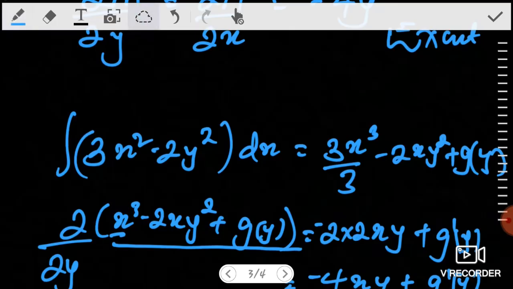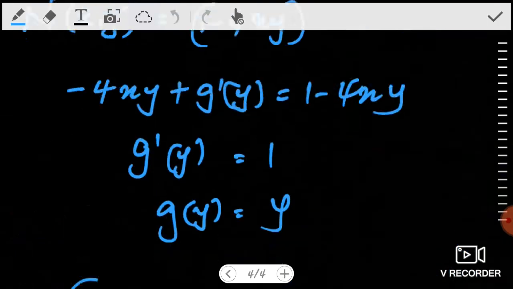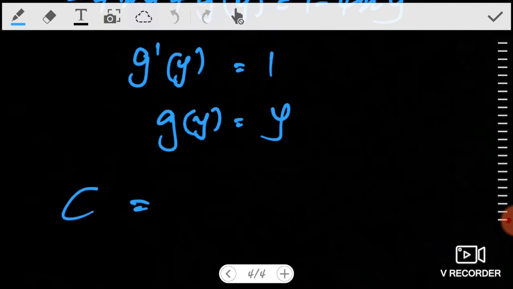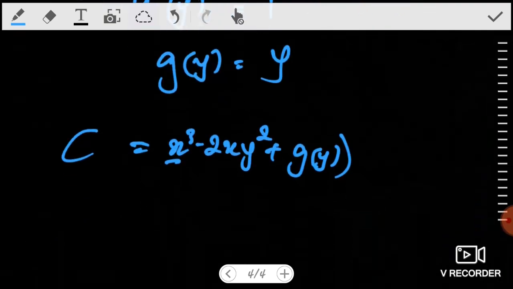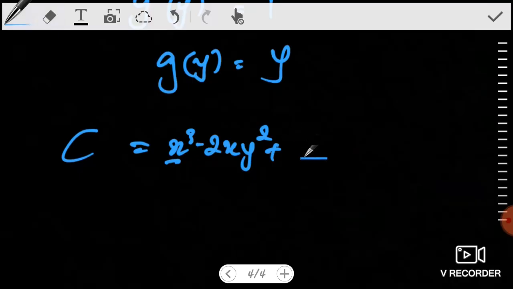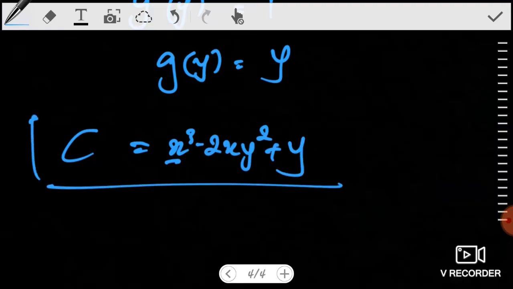So we are taking this. In this case, we're just replacing this with y because g of y is y. And therefore, this is our general solution for this problem.